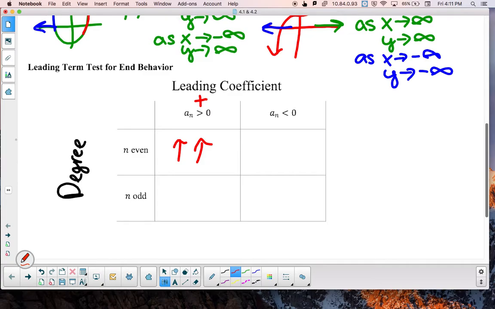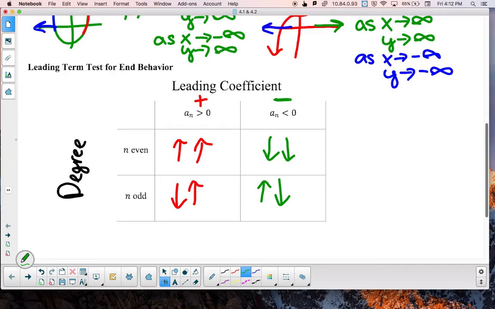If it's positive and odd, that means our end behavior is down, up. If our leading coefficient is negative and even, this means that we're going down, down. And if it's negative and odd, we're going up, down.